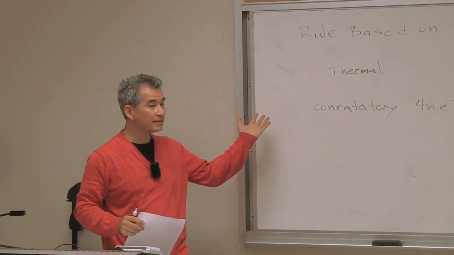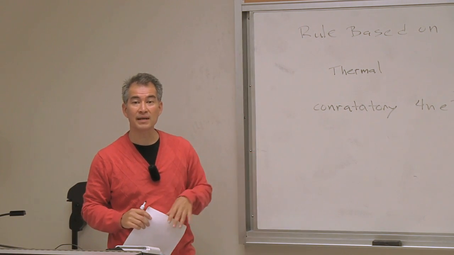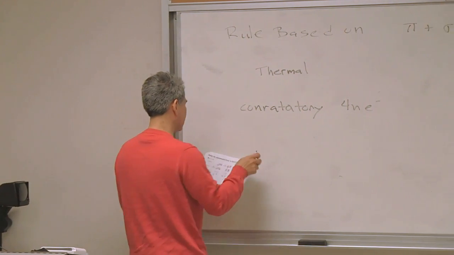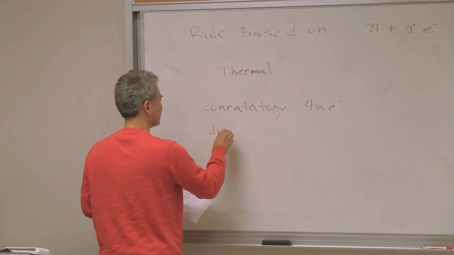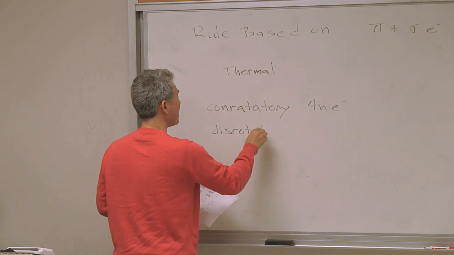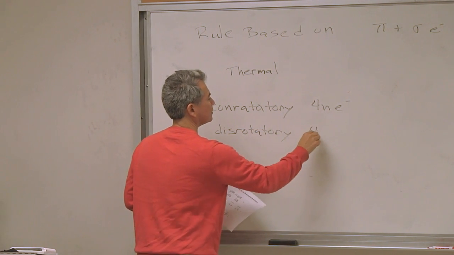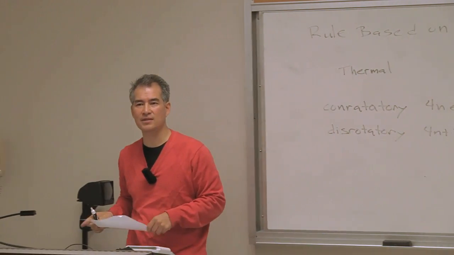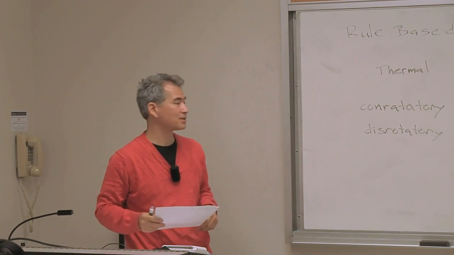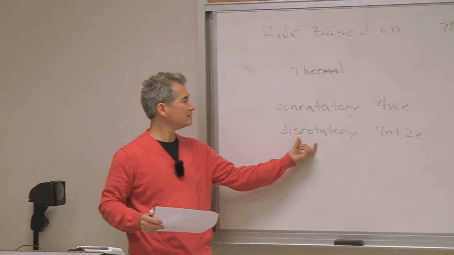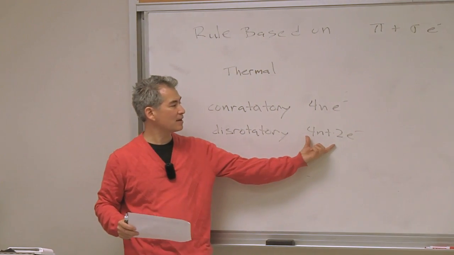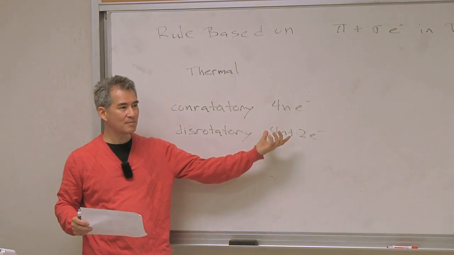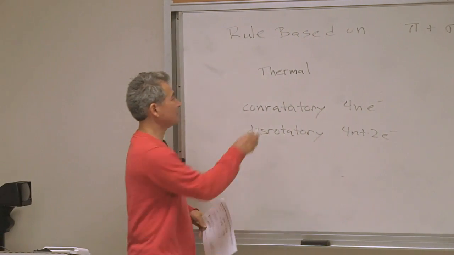A 4-membered ring, an 8-membered ring, a 12-membered ring, those will all operate through this conrotatory distortion. 6-membered rings are opposite. Anything with 4n plus 2 electrons in the transition state, an electrocyclic reaction, will be disrotatory. So that would be 2 electrons, 6 electrons, 10 electrons.